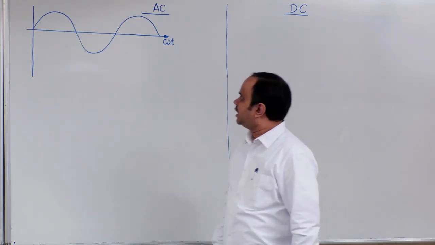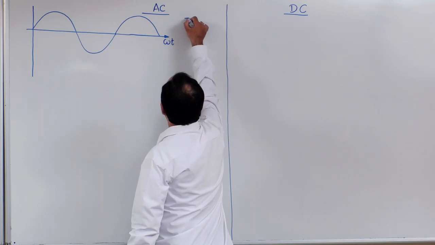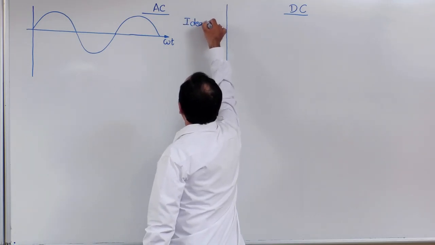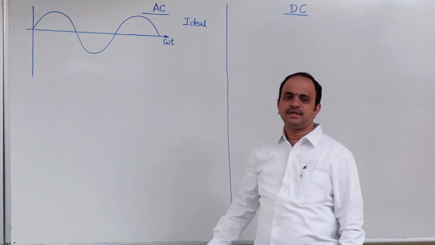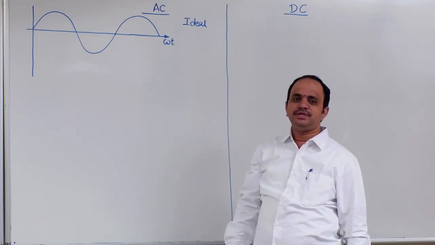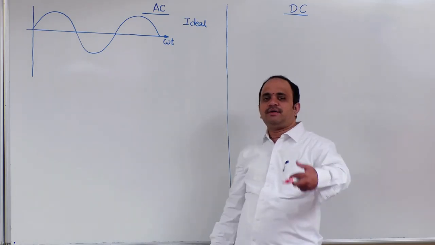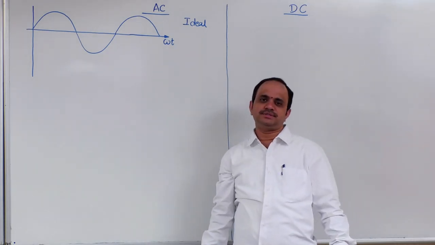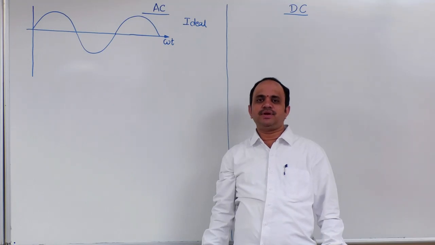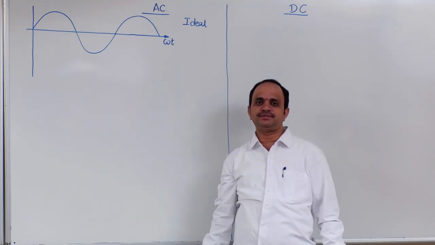Now just at the first observation, let us take the ideal AC waveform. That is basically a sinusoidal waveform. Sinusoidal waveform is the universally accepted waveform. And if you recollect our previous basics classes, we said that power electronic circuits consist of power semiconductor devices.